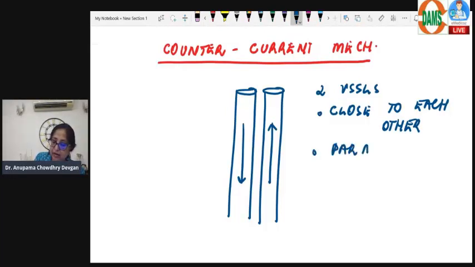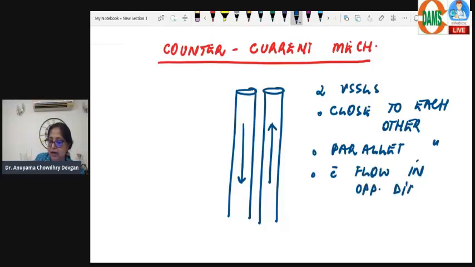Two vessels close to each other, parallel to each other, with flow in opposite directions, that is known as a counter current mechanism.